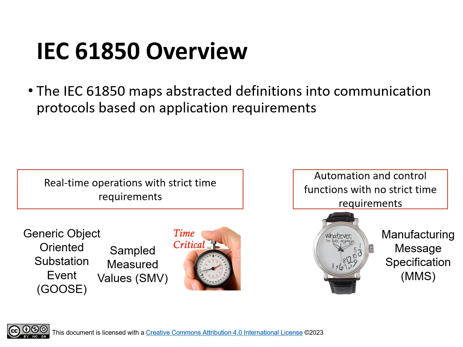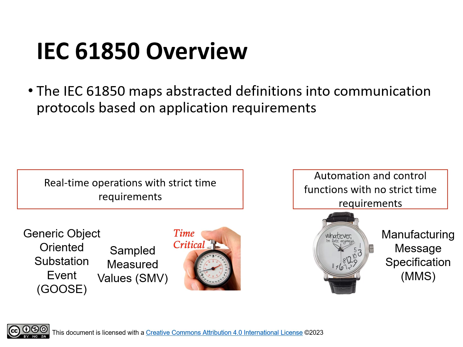For real-time applications with strict time requirements, IEC 61850 maps the abstracted definitions into two main protocols: generic object-oriented substation events, GOOSE, which is used to transmit critical events data, and sampled measured values, SMV protocol, to transmit real-time measurements.